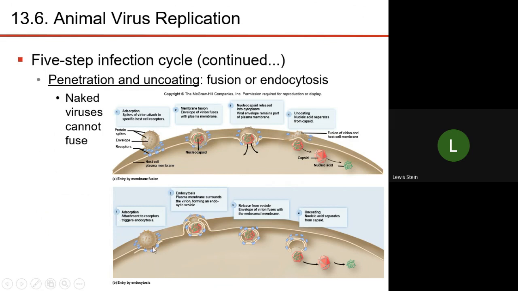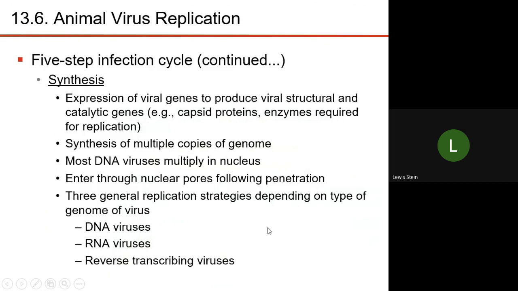And so here, whether your entry is by endocytosis versus by membrane fusion, you have to have a membrane, an enveloped virus, to fuse. That's the nugget. They both eventually uncoat. Then these are all of these steps.